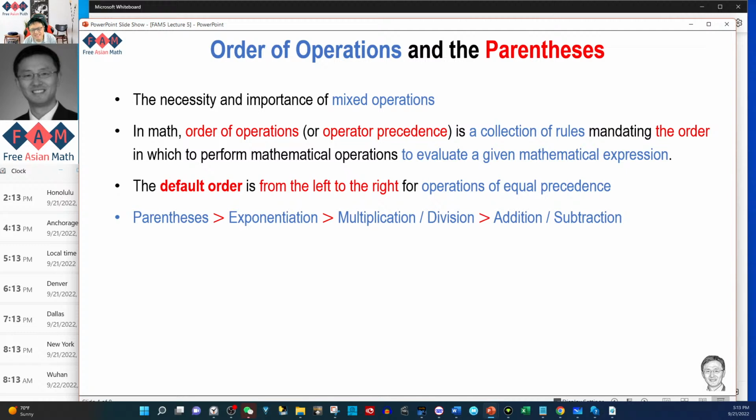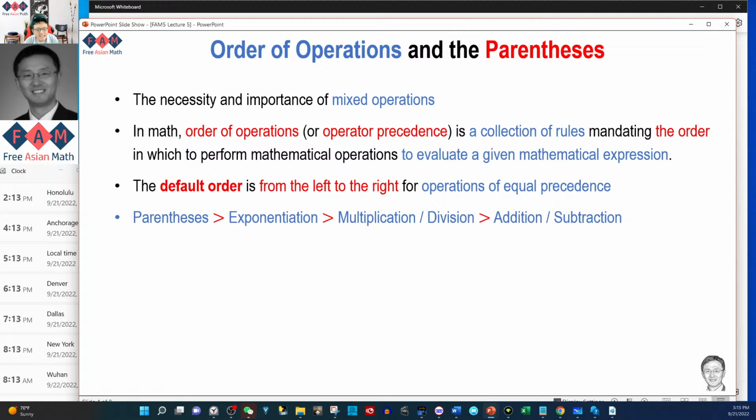But this is nothing but agreement. Also, there's a very good justification for that, and you will learn that. We already mentioned that addition is nothing but repeated counting, right? But you will learn soon multiplication is nothing but repeated addition.